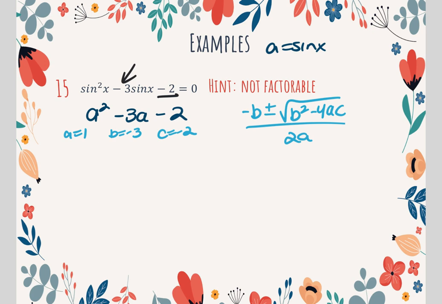And I get +3, because that's the opposite of -3, plus and minus the square root of -3 squared minus 4 times a times c all over 2 times a.